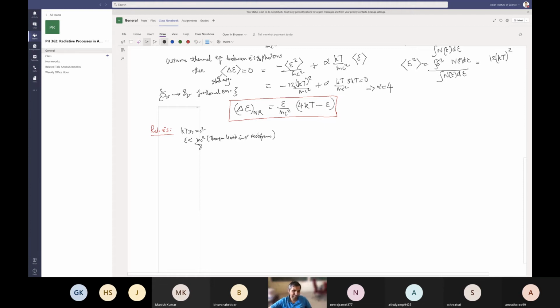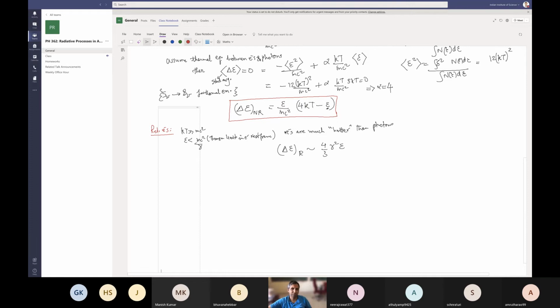Basically, in this case your electrons are much hotter. In fact, they are relativistically hotter than photons. So you can neglect this one, because this is much bigger than that. So you have delta epsilon relativistic is like 4/3 gamma squared epsilon, right?